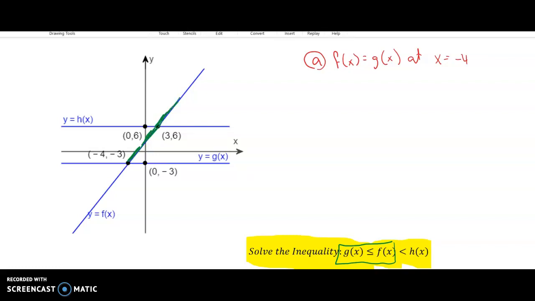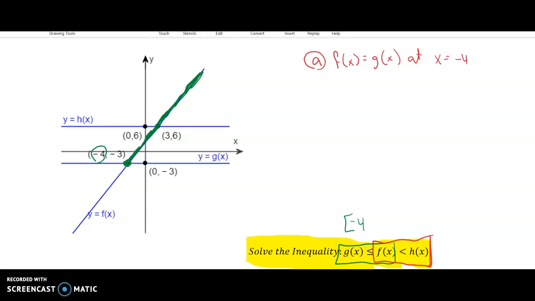The line of f of x is above the g of x line in this whole area here, and that starts at x is -4. So I know that whatever my answer is going to start with -4.